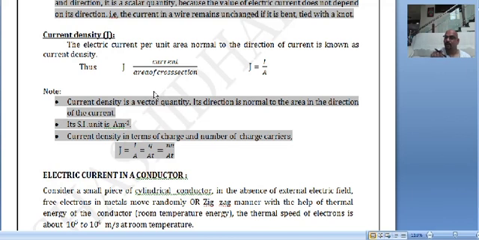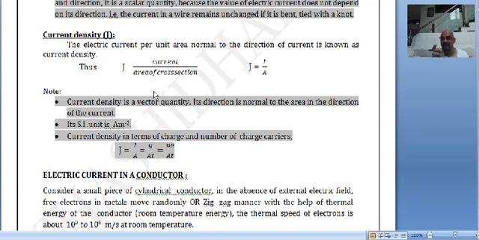J is equal to I divided by A, where I is the current and A is the area of cross section. Current density is a vector quantity and its direction is the same as that of the current, because at that particular cross section the current will be flowing, and the direction of the current is the same as the direction of current density.